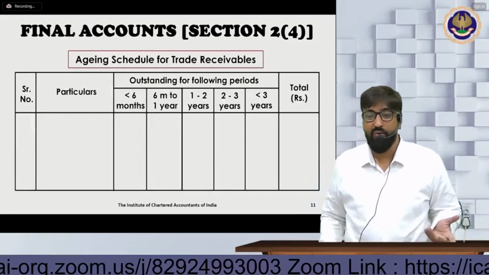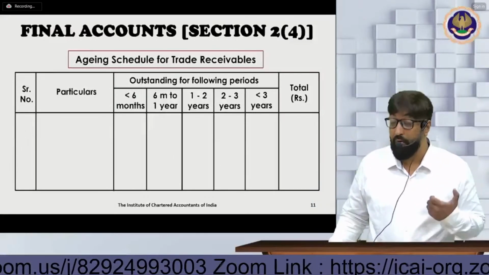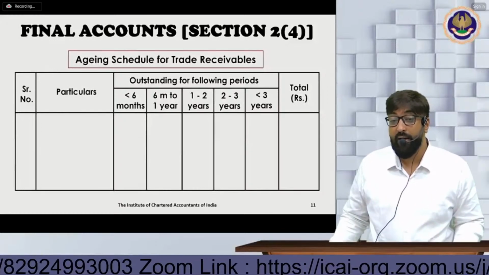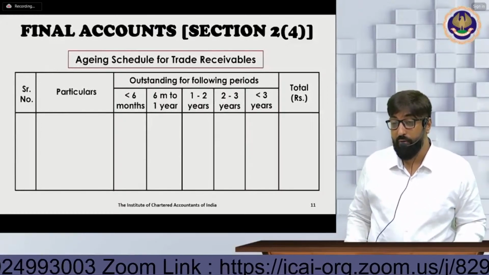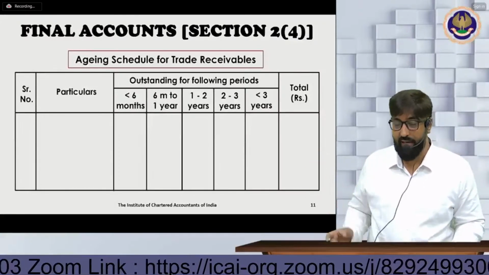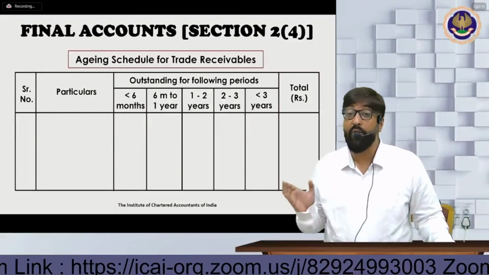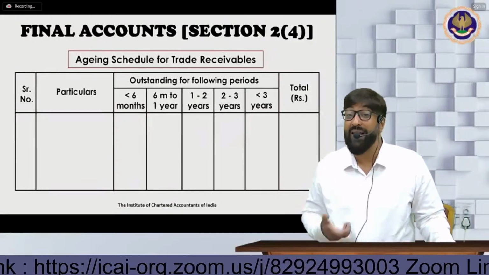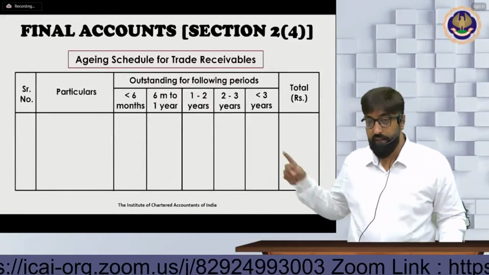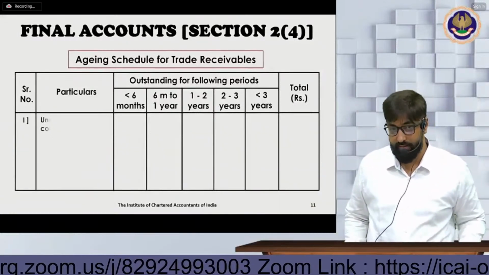If debtors are outstanding more than 3 years and the amount is very huge, the reader can understand very easily that this is like bad debts. Therefore we have to write these outstanding amounts according to period. So it is called an aging schedule. Got the concept? So trade receivables in this format we have to write in our financial statements.